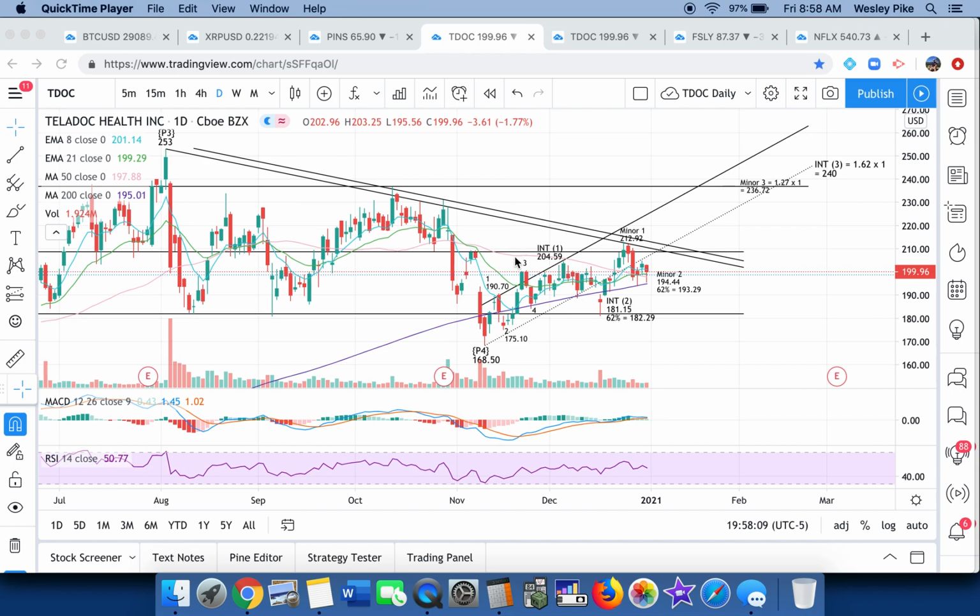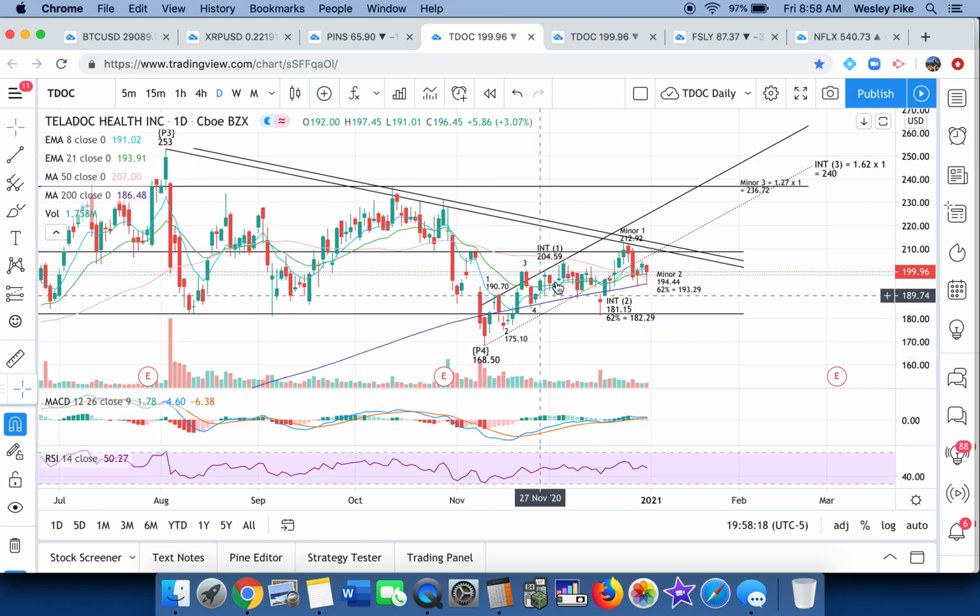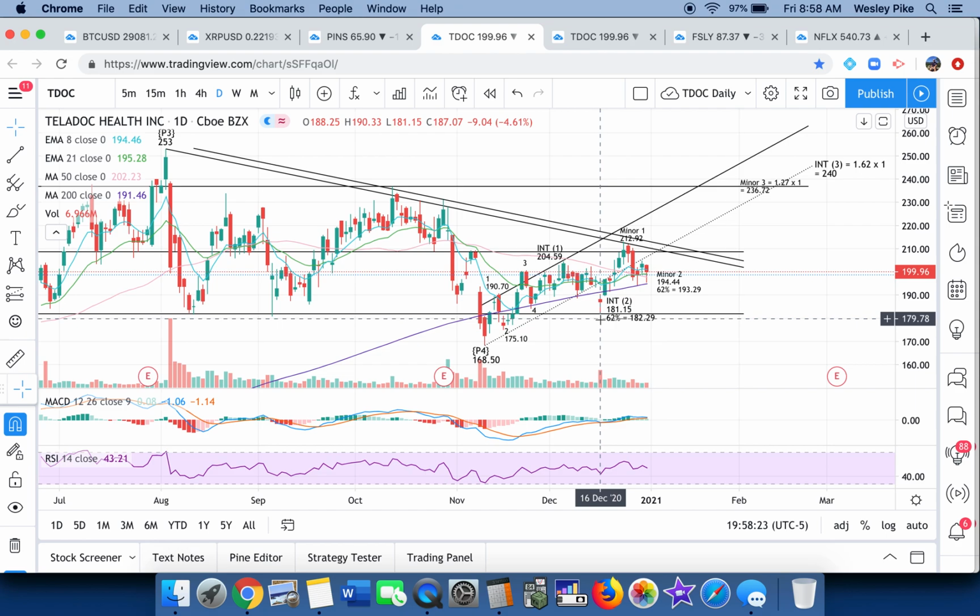So TDOC put in a significant, I think, primary degree correction that culminated after the election in early November, then put in an intermediate leg up and an intermediate leg down. I believe that this heavy selling day coincided with Amazon announcing that it would be entering in some form way into the pharmaceutical or medical business, and that hit TDOC pretty hard.